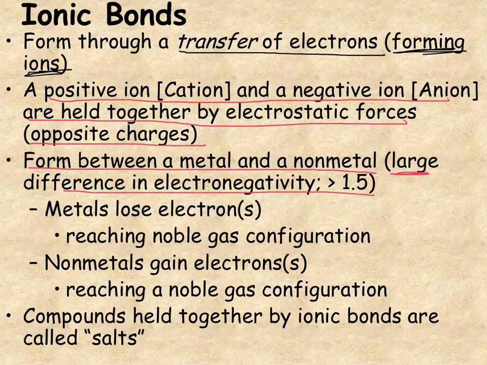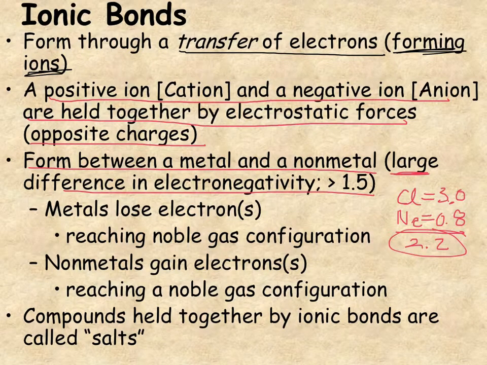So, for example, let's just do a quick example here. Chlorine has an electronegativity number of about 3, and sodium has one of about 0.8. The difference between the two is 2.2, which is much greater than 1.5, and therefore sodium chloride would form an ionic bond based on this rule.